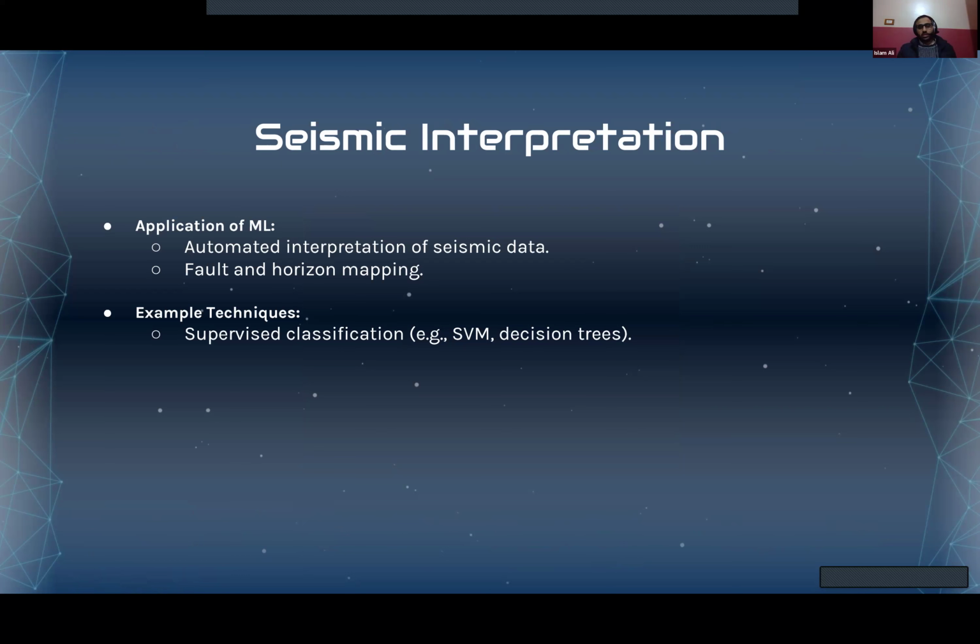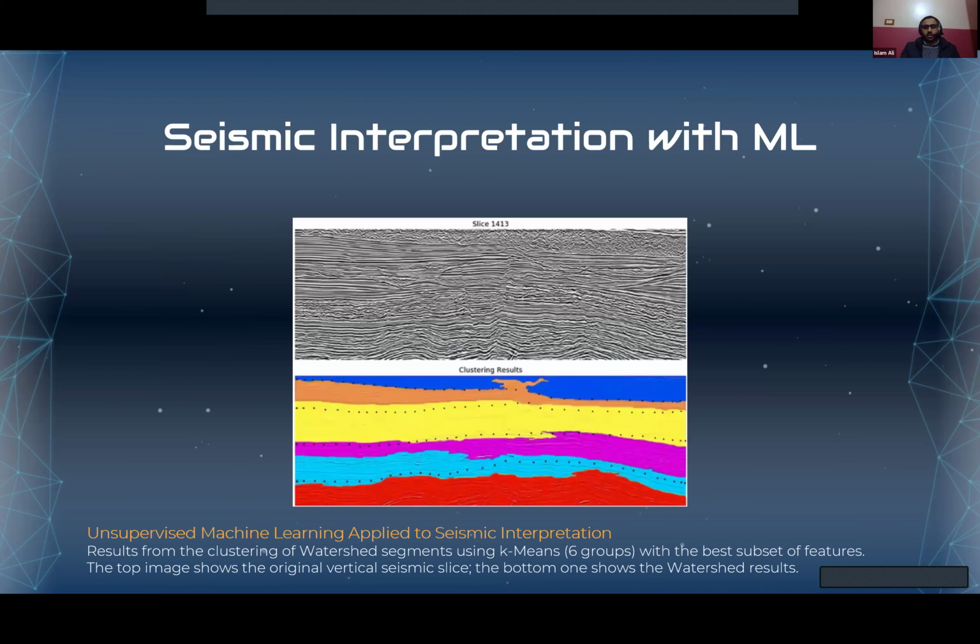Now second example is seismic interpretation, and we use machine learning in the interpretation for doing automatic interpretation. I mean, for horizons and for faults, we use supervised classification, something like support vector machine or decision tree algorithm. Here you can see how machine learning can be applied to do an automatic interpretation.